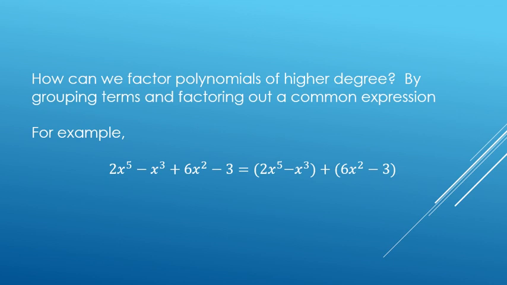In 6x squared minus 3, each term contains a common factor of 3, so I can pull that out.